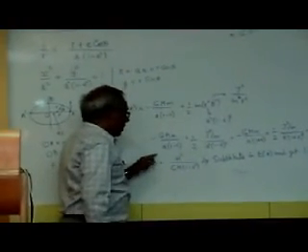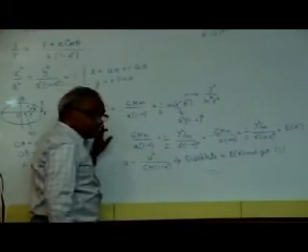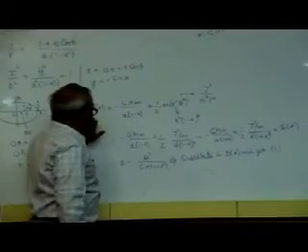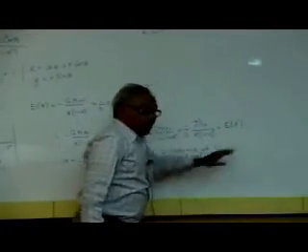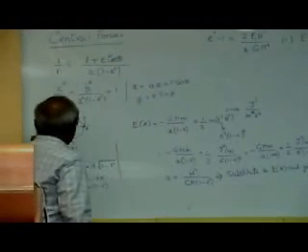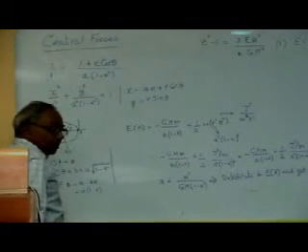Yes, please ask. Here you are, of course, assuming EA is equal to EA prime. That I am assuming, the total energy here is the same as the total energy there.